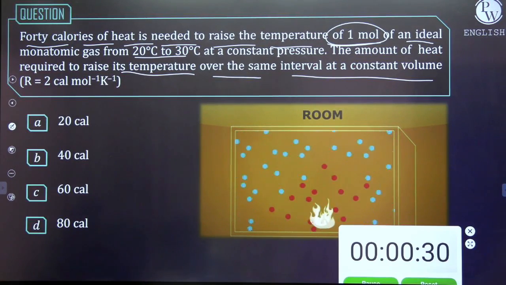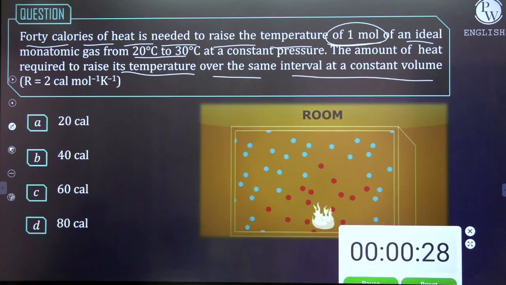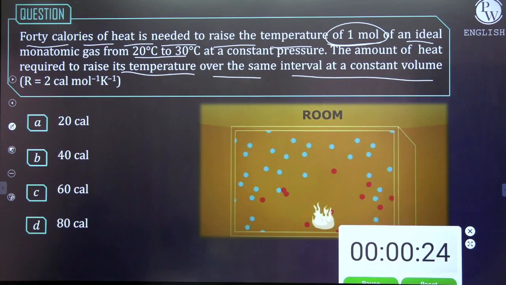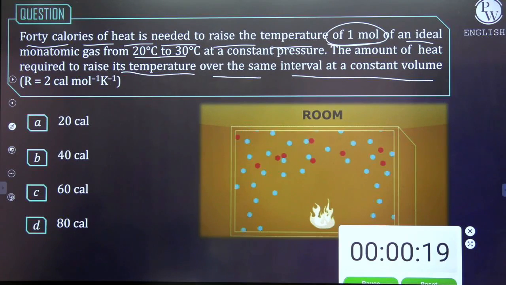As usual, I say in all of my sessions that I want you all to solve this question so that you can increase your speed, increase your accuracy, and obviously your command over the subject.